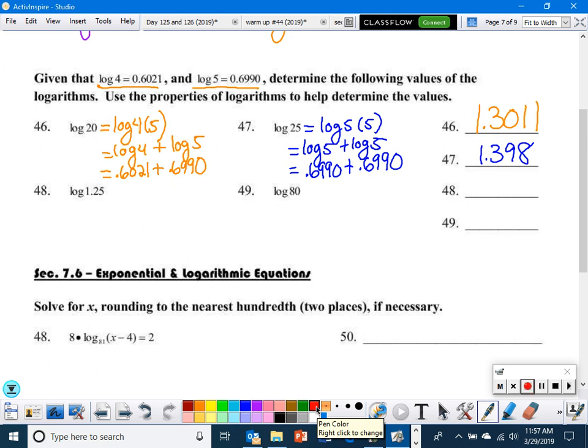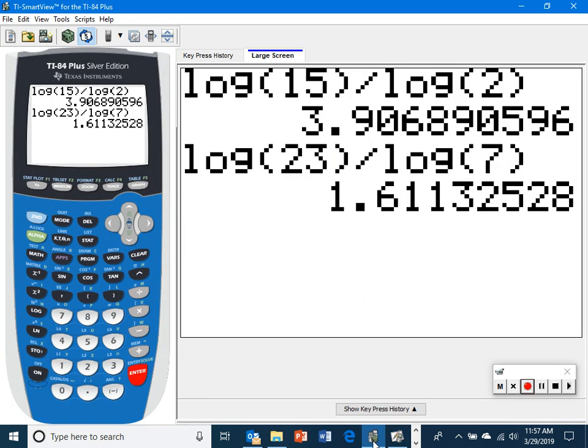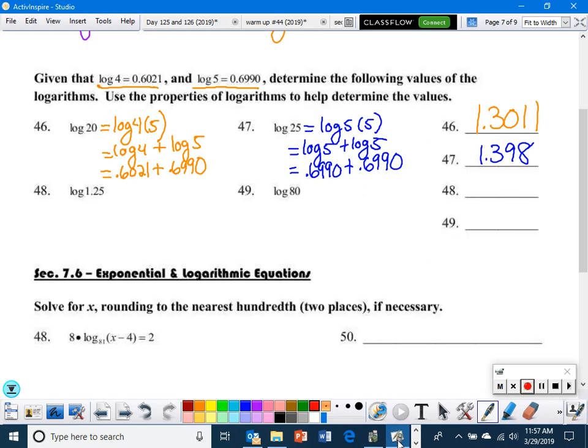Okay, the next one's a little bit more challenging. How in the world do we get 1.25 with a 5 and a 4? Okay, well, since the number is getting smaller, the only thing I can think of is that we will divide the 5 by the 4. So that means I'm going to rewrite this as the log of 5 minus the log of 4.